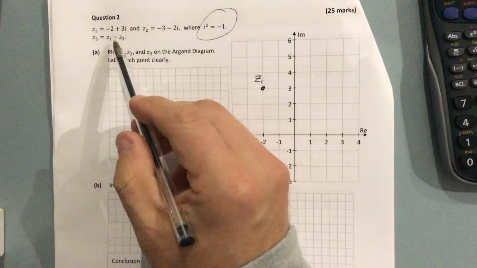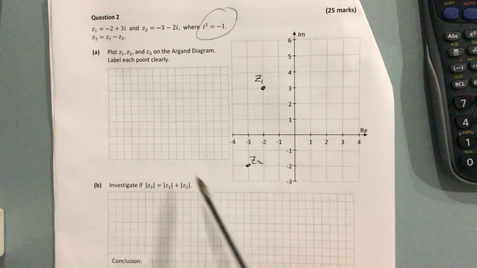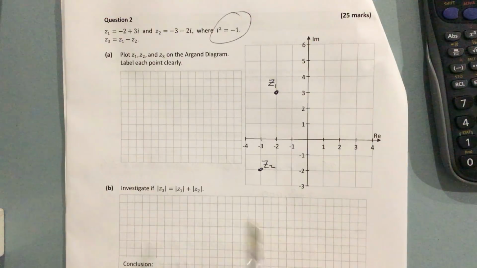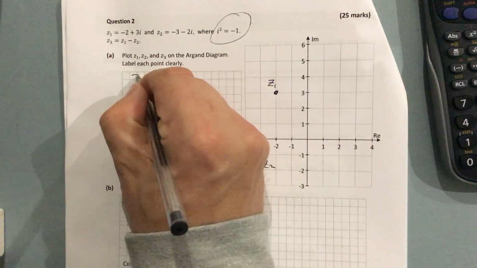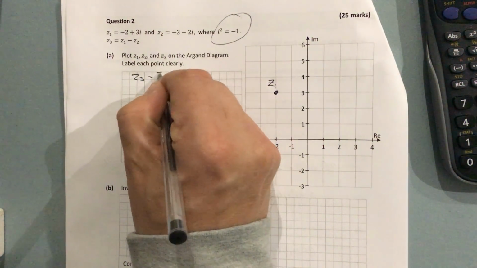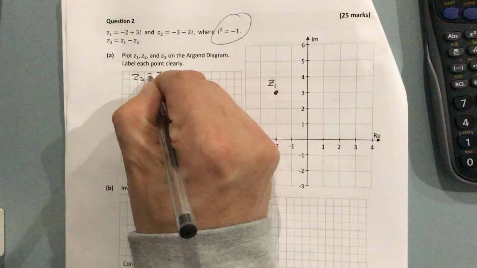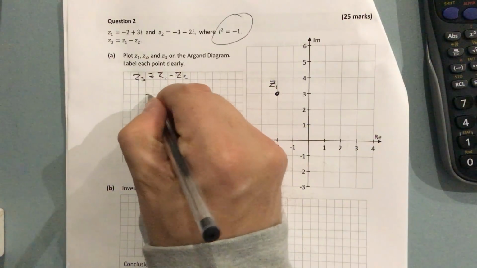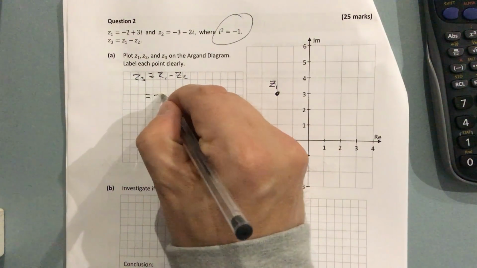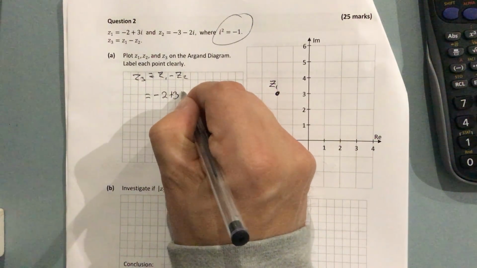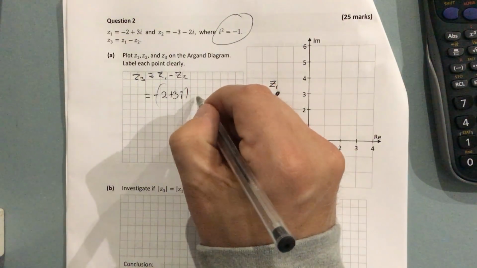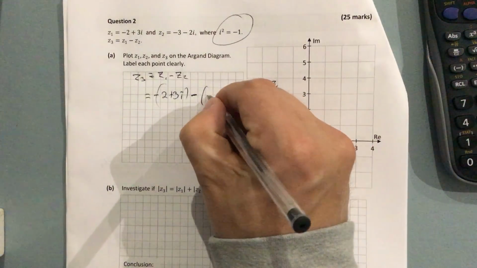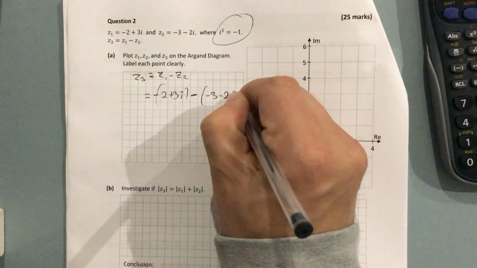And Z3 then is equal to Z1 minus Z2. So a small calculation to do here. Z3 is equal to Z1 minus Z2. So that is equal to -2 plus 3i minus Z2, which is -3 minus 2i.